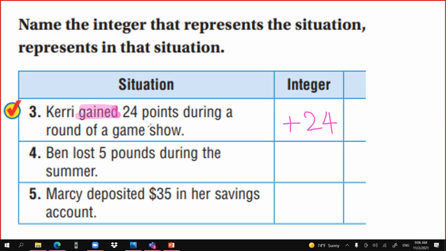Lost. It indicates positive or negative? Negative. Negative, thank you. Now, Rimas. Yes, Rimas. Marcy deposits 35 in her saving account.